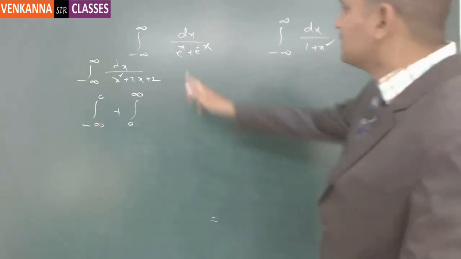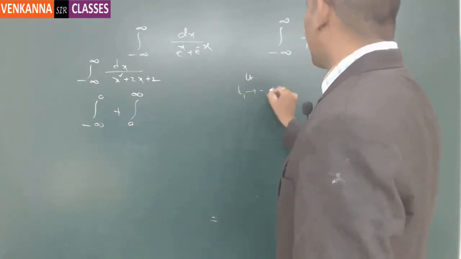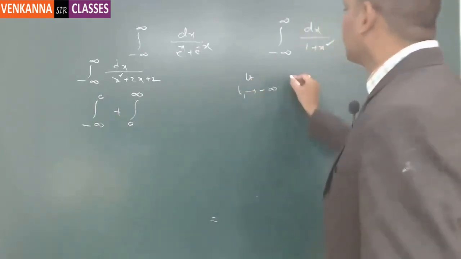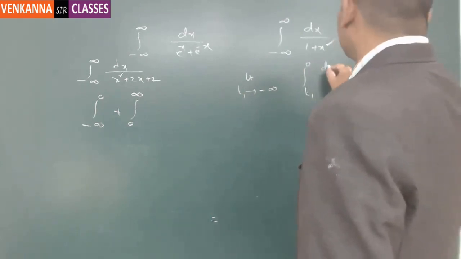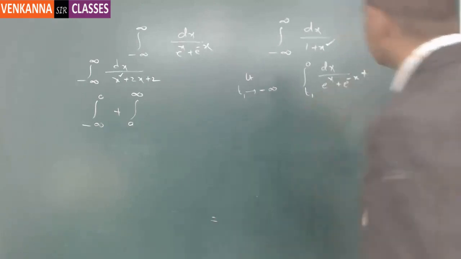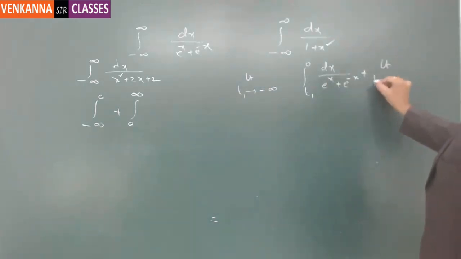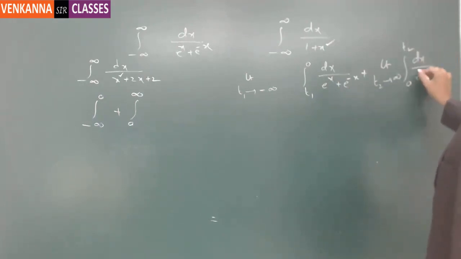so we take the simplification as it is: limit t1 tends to minus infinity, integral t1 to 0, dx by e power x plus e power minus x, plus limit t2 tends to infinity, integral 0 to t2, dx by e power x plus e power minus x.